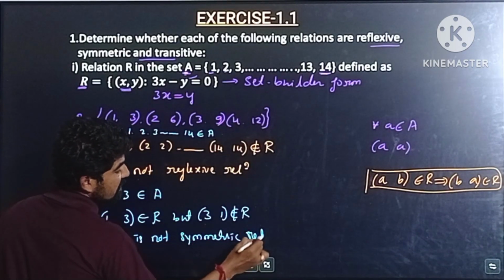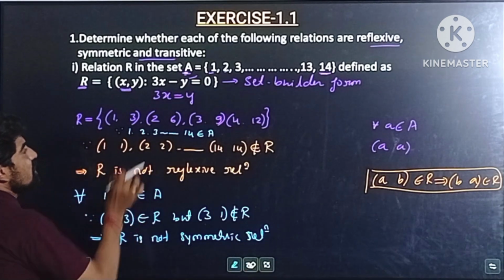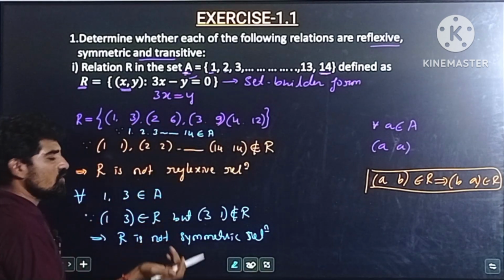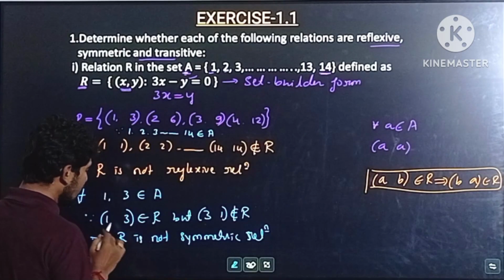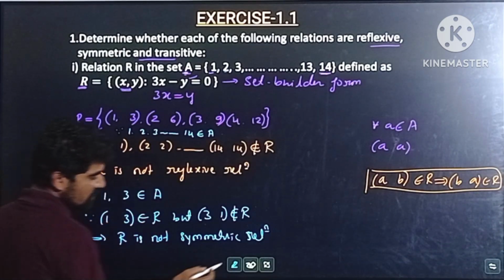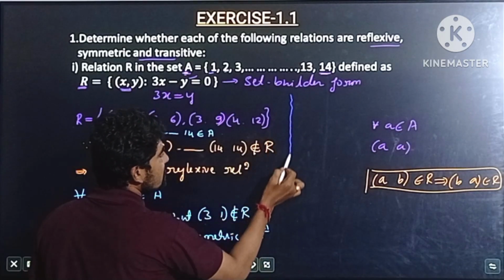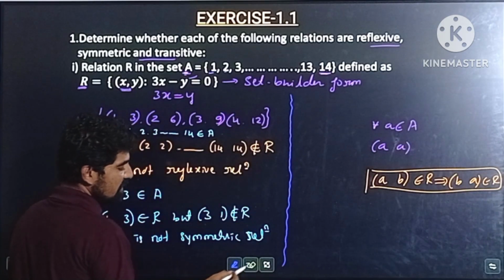I hope all of you are understanding. You may consider any example: (2, 6) is there but (6, 2) is not, (3, 9) is there but (9, 3) is not. You may give any one example. I give here (1, 3) and (3, 1). Since (1, 3) exists in the relation R but (3, 1) does not, it is not a symmetric relation.